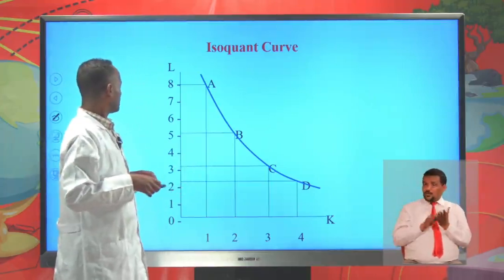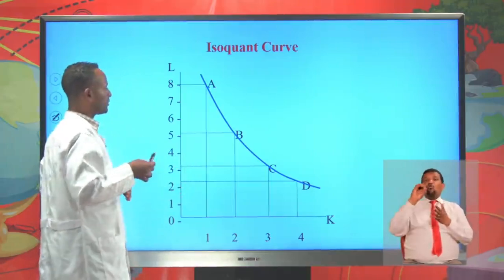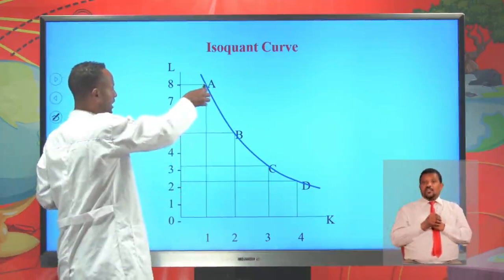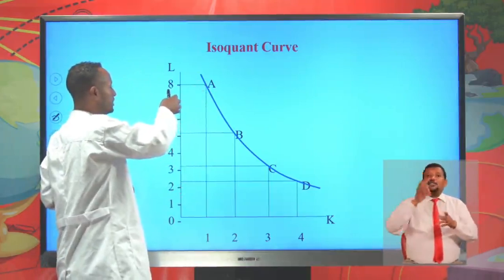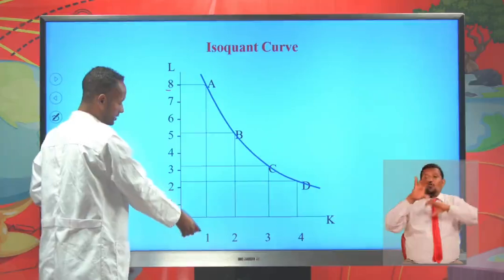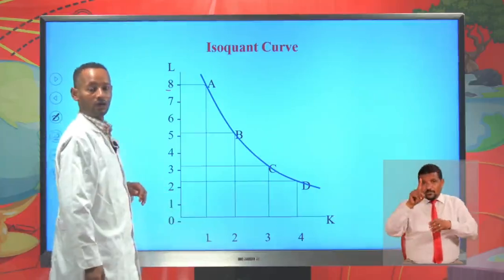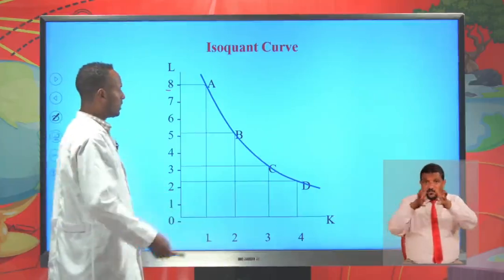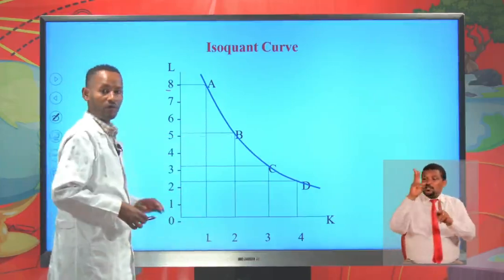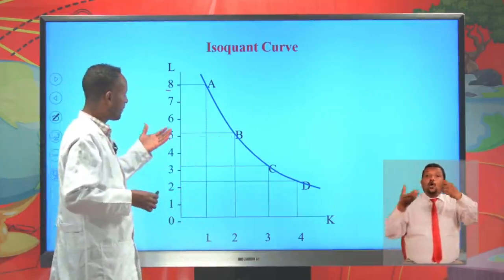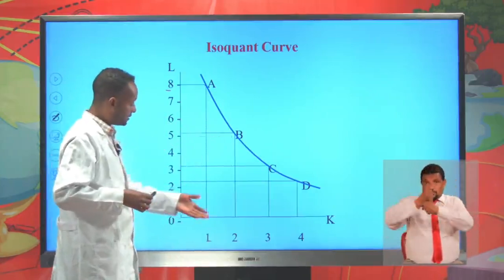So from this isoquant curve, at combination A, the farmer gets 60 quintal of wheat from a combination of 8 labor and 1 capital or tractor. Again, at combination B, the farmer gets 60 quintal of wheat with 5 labor and 2 tractors.